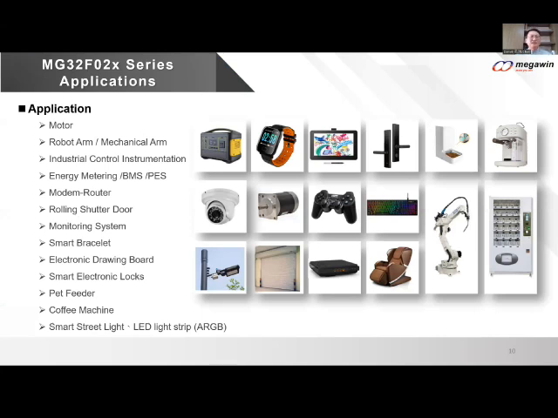So the MG32F02 series applications, as you can see on the screen, can be used for motor applications, the robot arm and mechanical arm, industrial control instruments, energy metering and BMS, the PES and modem router, and rolling shutter door.